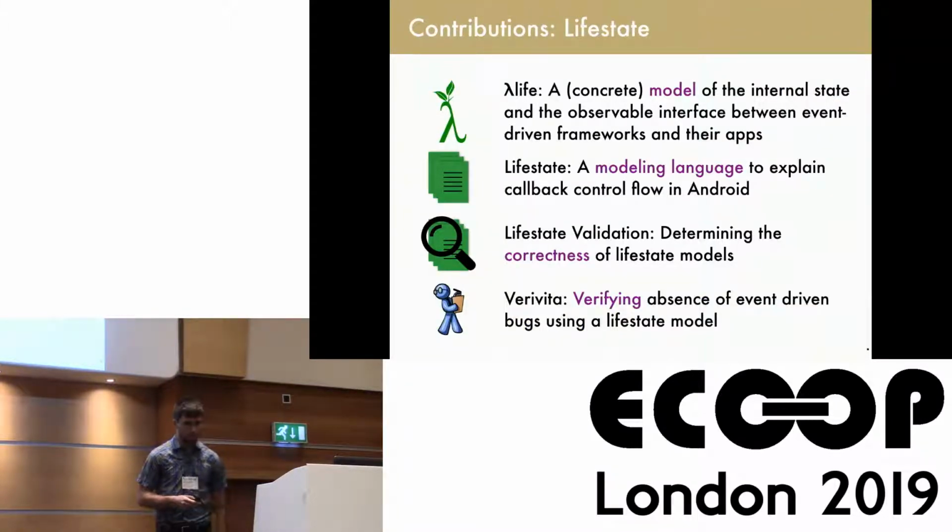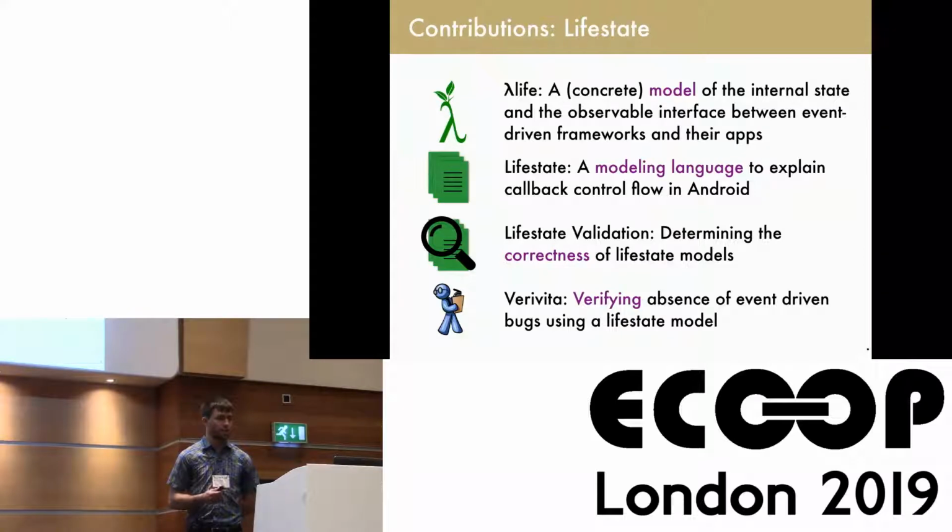So we get into the contributions of this paper. First, we talk about lambda life, which lets us build a concrete model of the internal state of how the framework is behaving. And this is based on the interface between the application and the framework. Lifestate is a modeling language that lets us instantiate that model with the behavior of a specific system, such as Android.